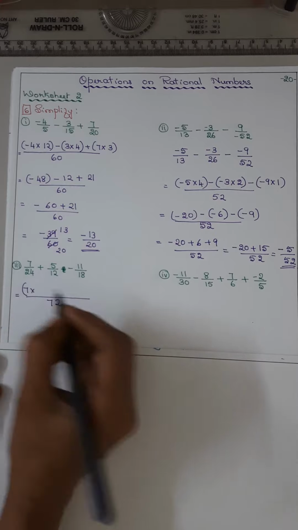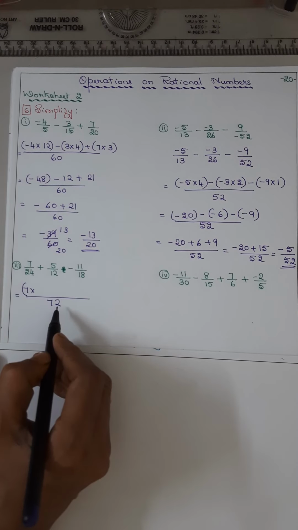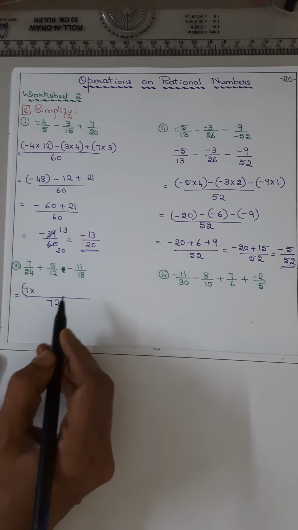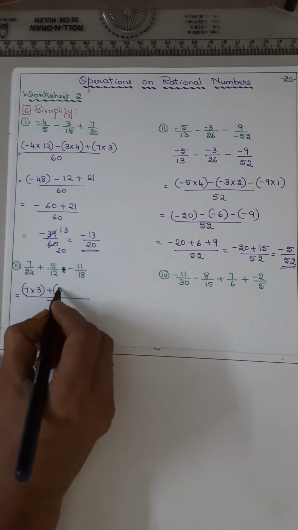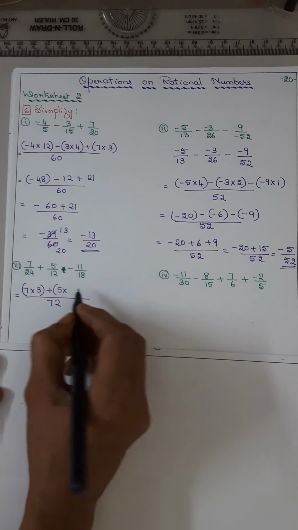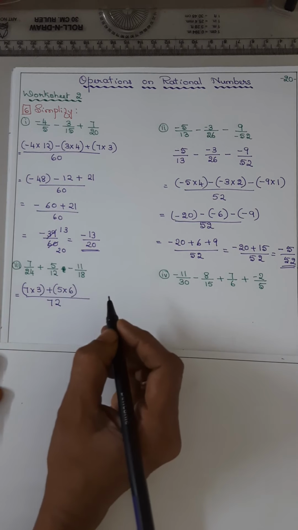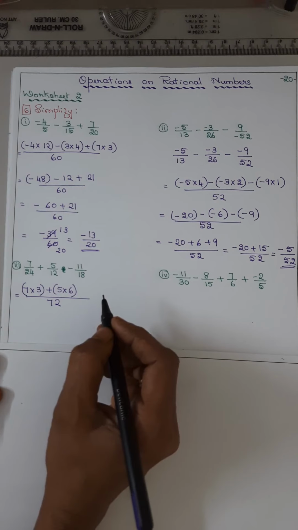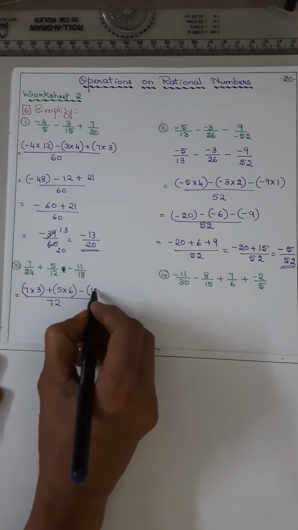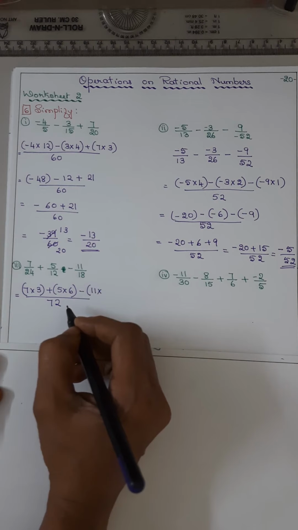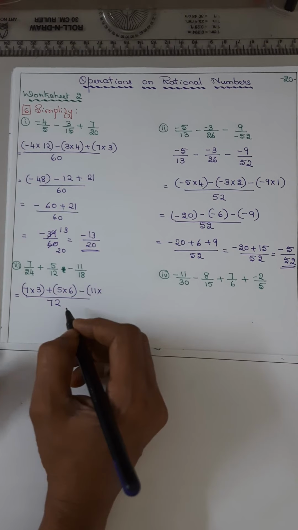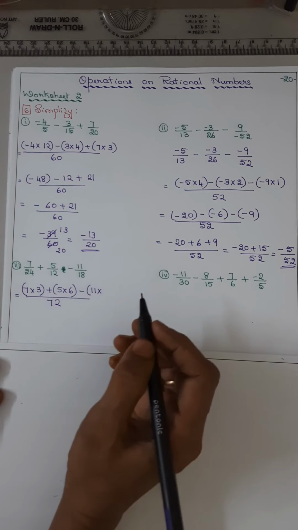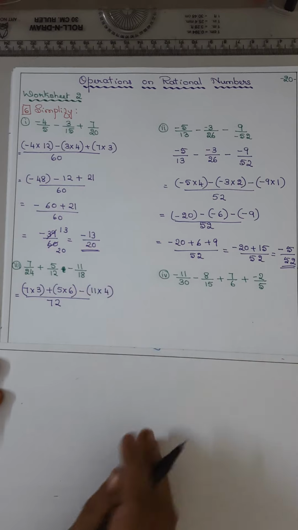7 into 24, how much are 72? It is 3s are 72. So 3s are 7 plus 5 into 12, how much are 72? 12 5s are 60, 12 6s are 72. Minus 11 into 18, how much are 72? 18 4s are 72.